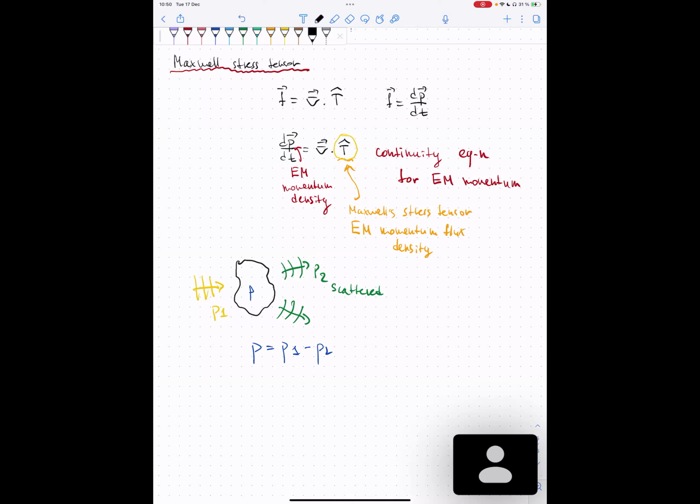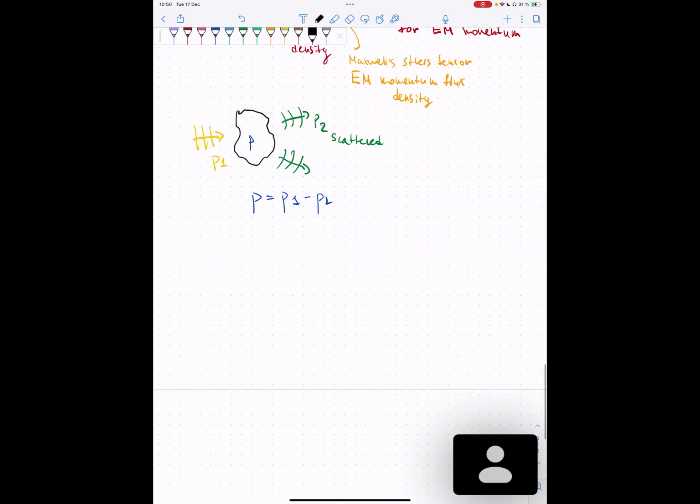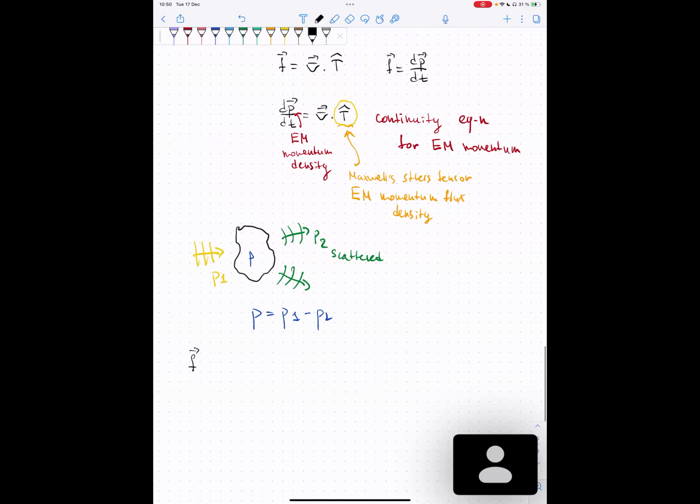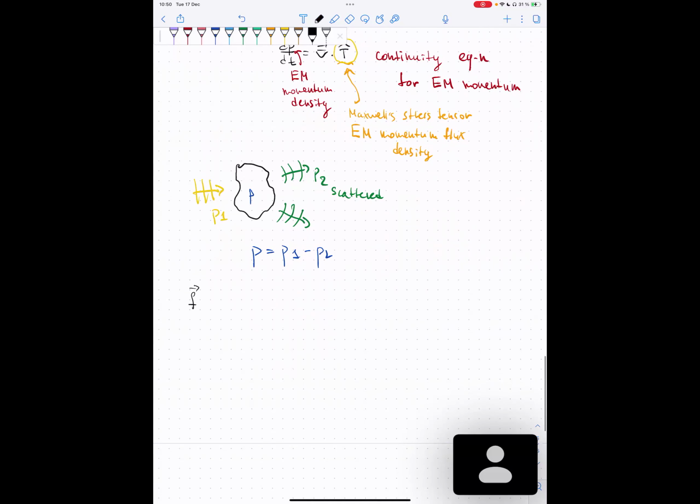And the derivation of this Maxwell stress tensor is the following. We actually start with the expression for the force density. Right now we want to derive this expression for the Maxwell stress tensor, because force is a vector.